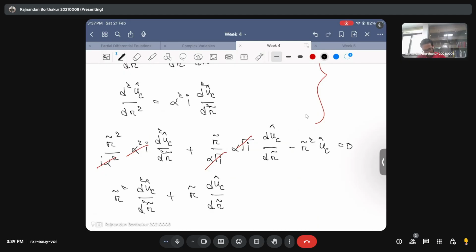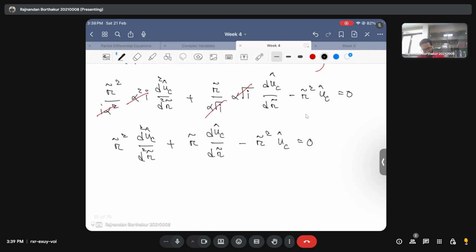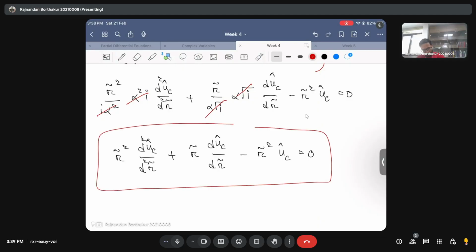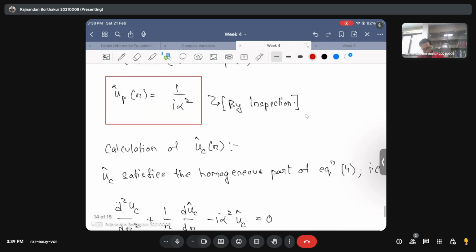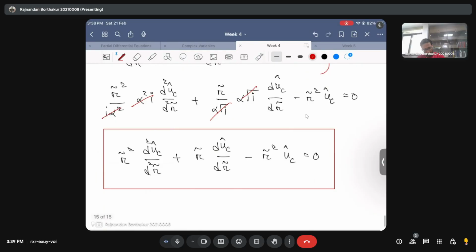Then I have r tilde times this, and then this term r tilde squared times uc hat is equal to 0. So this is the equation that governs uc hat in terms of the changed variable r tilde. Maybe I will box this and name these equations: this is maybe 6, this may be 7, and this may be 8.